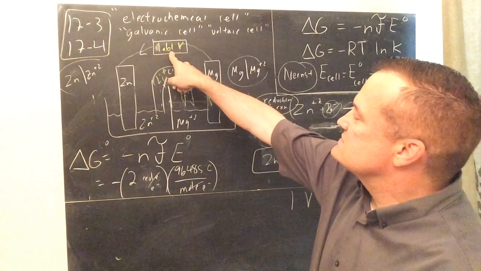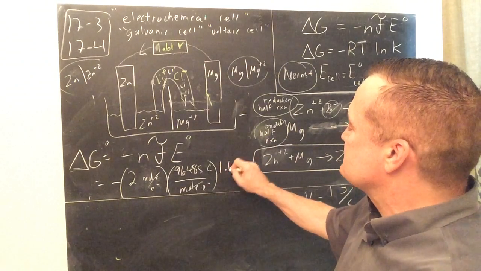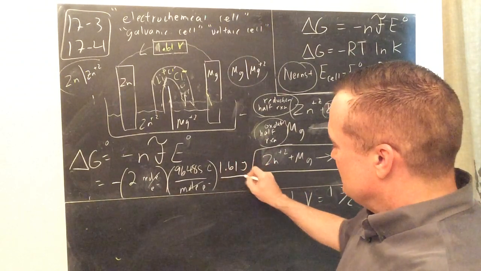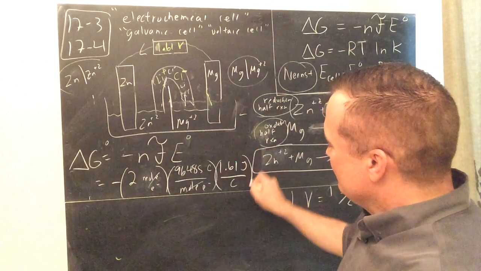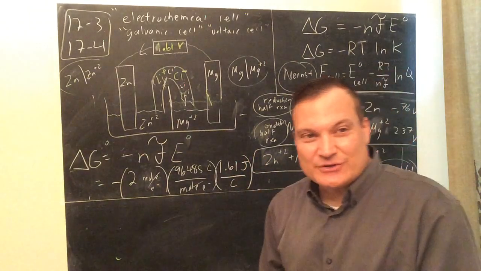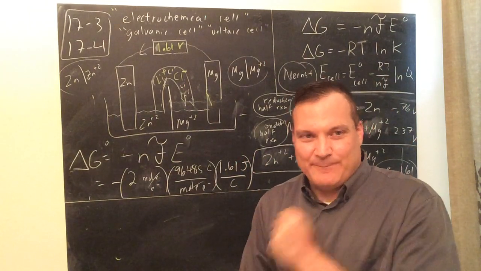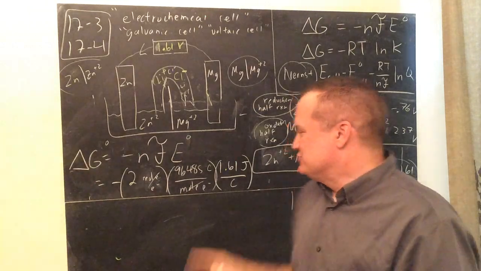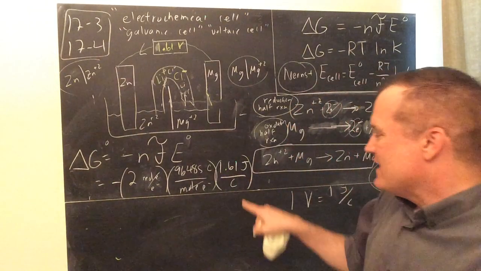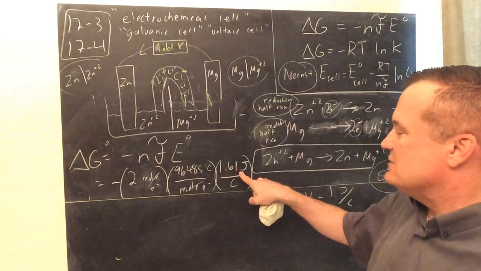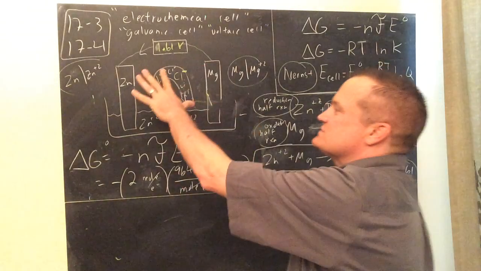So if it's 1.61 volts, it's 1.61 joules per coulomb. Think about joule as energy and work, like a punch to it. Every coulomb gives you that many joules in this particular cell.